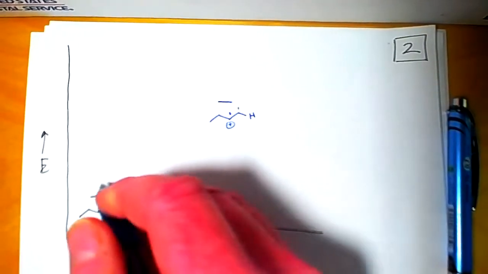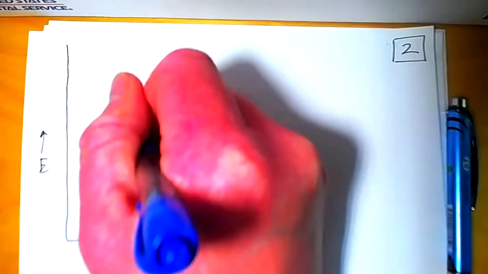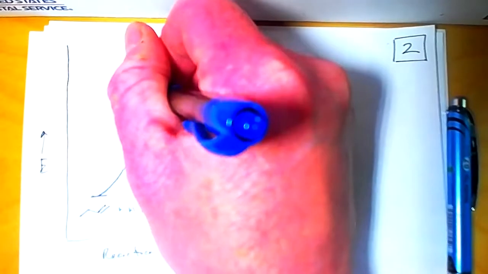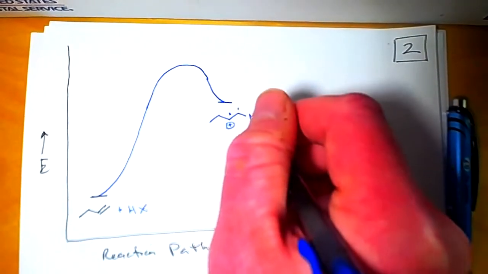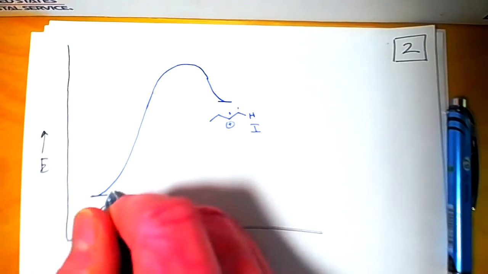Okay, so this is going to undergo a reaction that's going to be uphill. You're going to go through this transition state, which is going to most closely mirror this particular intermediate, which I'll label I as the intermediate. Okay, so this is your first activation energy here, E sub A1.